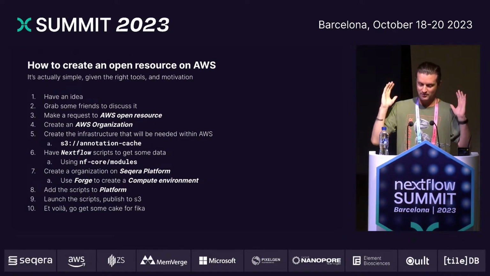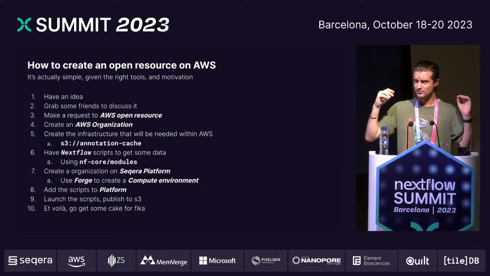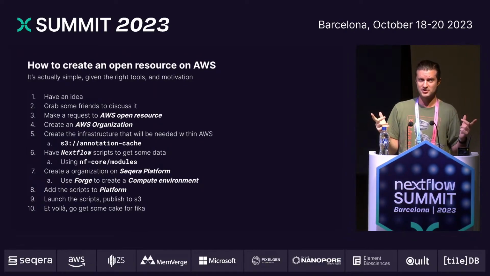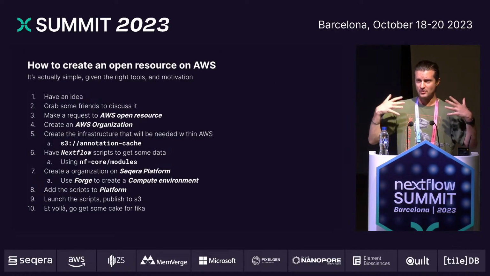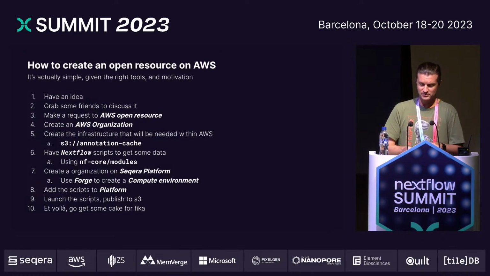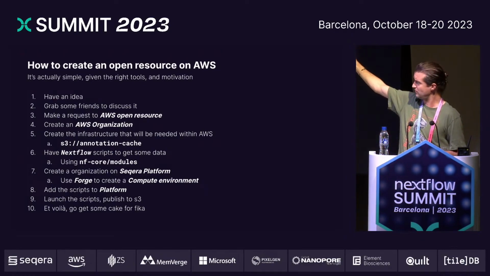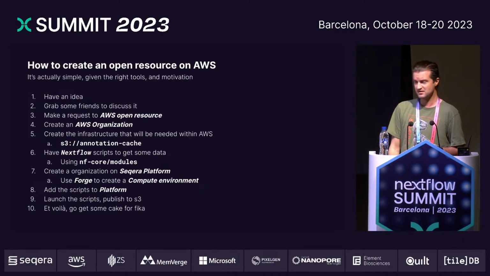Once you get agreement, you get all of the credentials that you need to create an AWS organization. That was super fast. And then you just need to create the infrastructure that you need to host your resource. For me, I just needed one S3 bucket, which is this one, annotation cache.